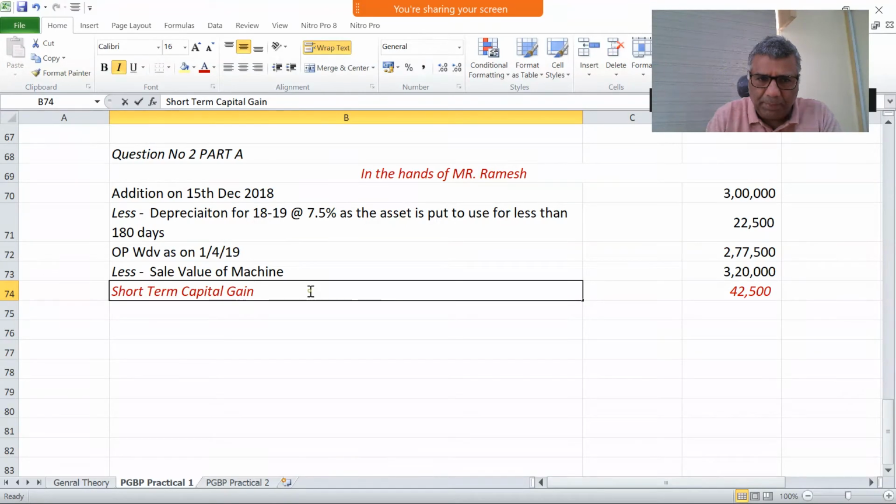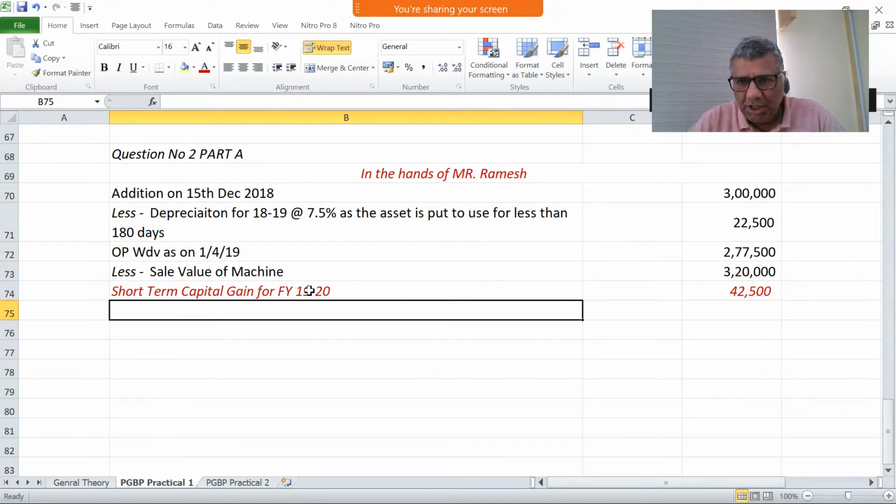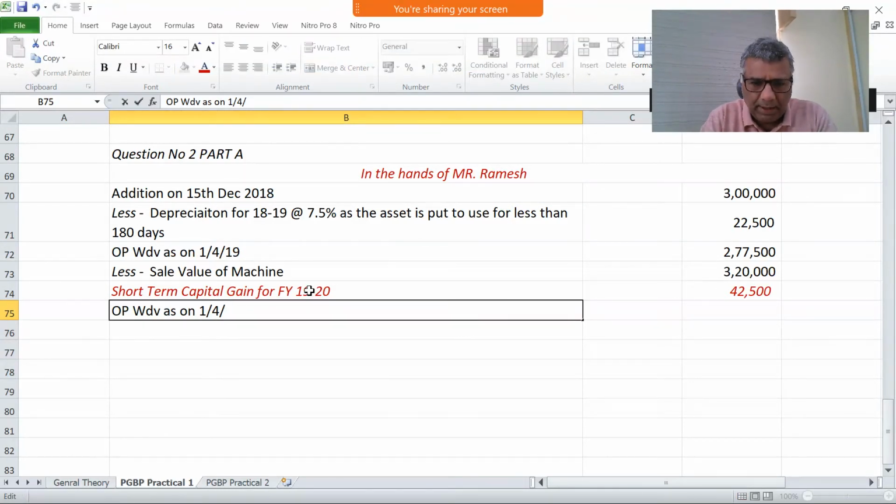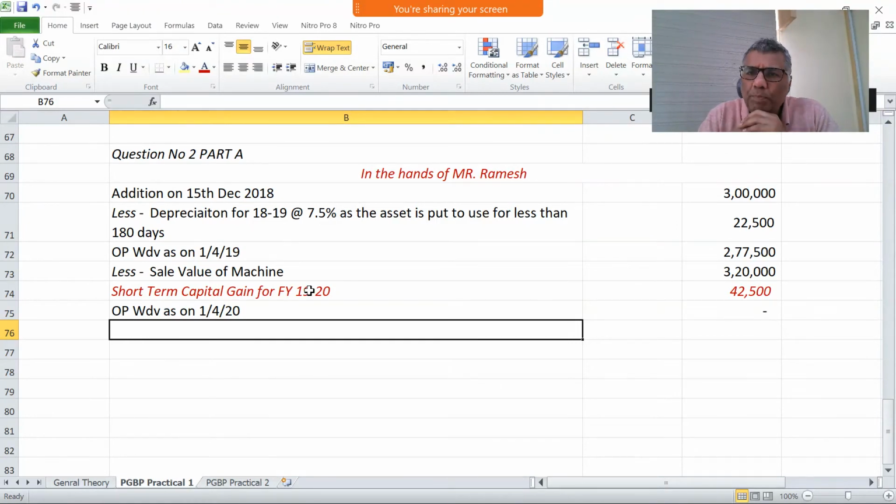So for Ramesh, it is a short-term capital gain for FY 19-20, because the value of the machine is 277,500. This is the only machine in the block and the block is sold. If there were other machines, I would adjust it, but here the block is sold. So the short-term capital gain is 42,500. And the opening WDV as on 1/4/2020 will be nil, because the block is gone.